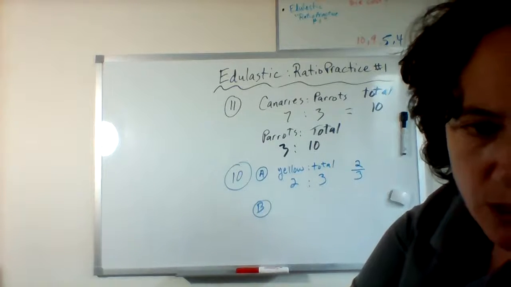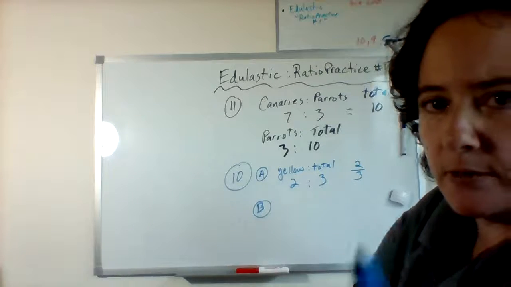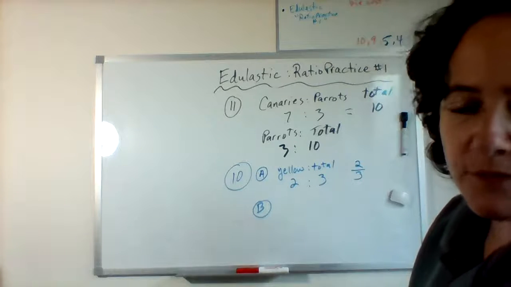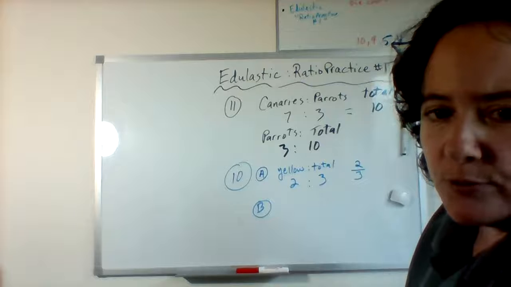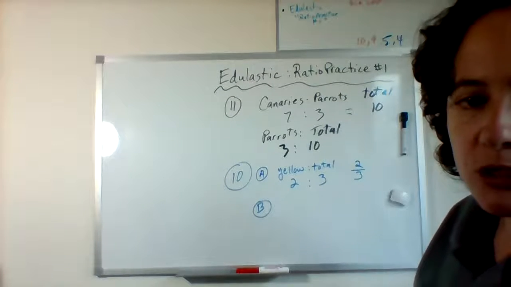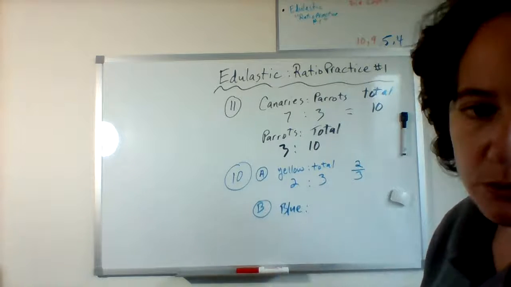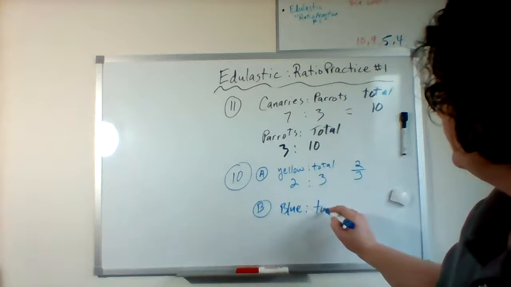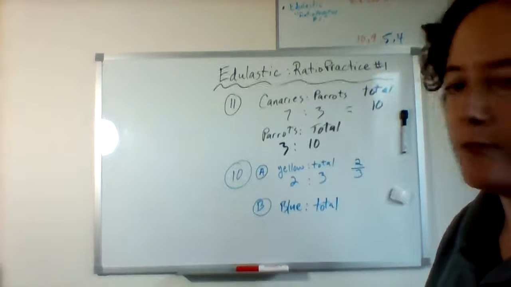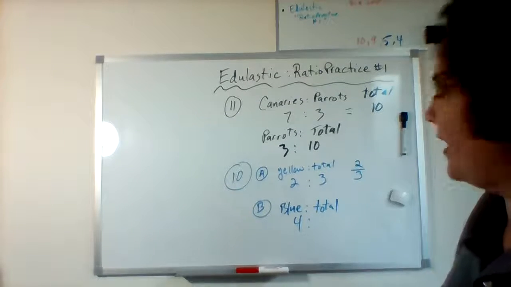Part B. The ratio of blue heptagons, 7-sided figures, to the total heptagons is m to 5. Enter the value for m in the empty box. Okay, let's look at the beginning. The ratio of blue to total. Well, we know that the blue here is 1, 2, 3, 4, and the total heptagons 1, 2, 3, 4, 5.